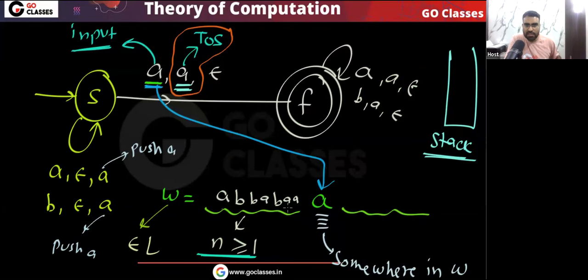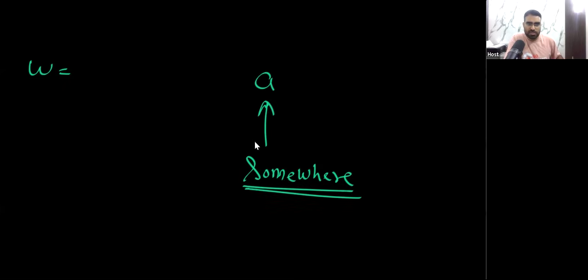So tell me, at the end of these N symbols, how many A's will be there in the stack? Simple question. This is your W. Somewhere this A is there. Who is this A? This A is for this transition, a comma a comma.